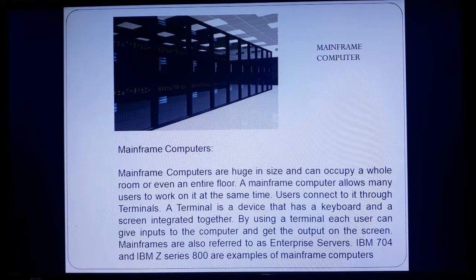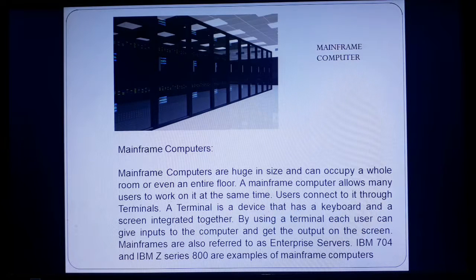By using a terminal, each user can give inputs to the computer to process the data and get the output on the screen. Mainframes are also referred to as enterprise servers.